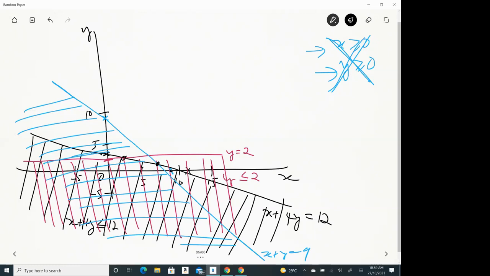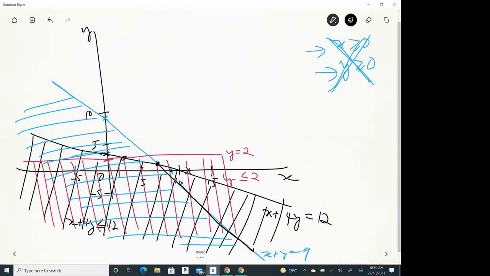Therefore, it is bounded by the blue line from the bottom, not up to 9, but up to where it intersects x plus 4y equal 12, the point.